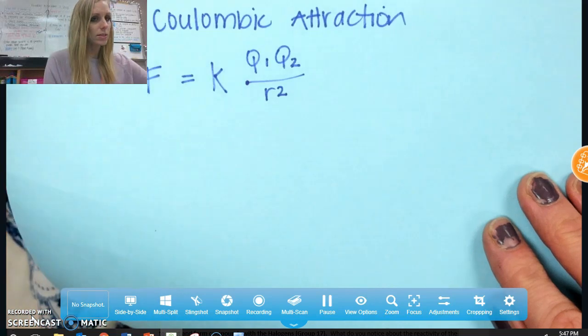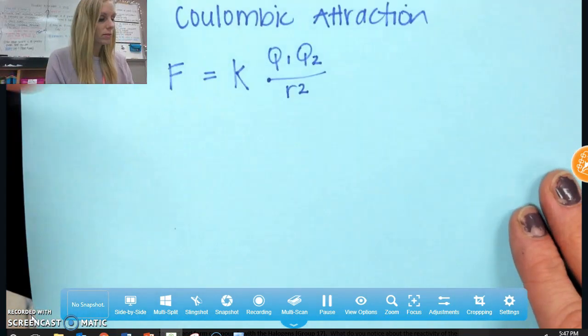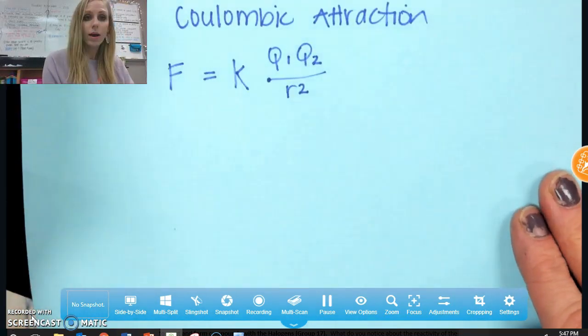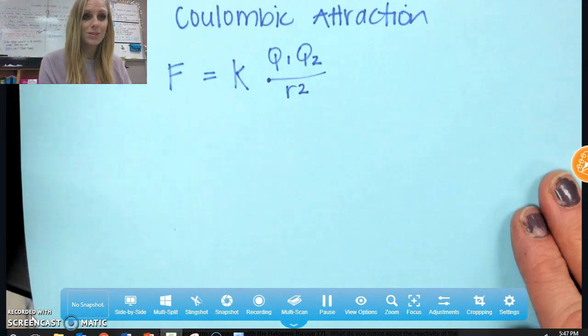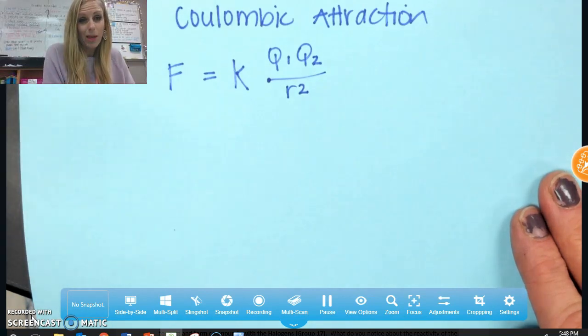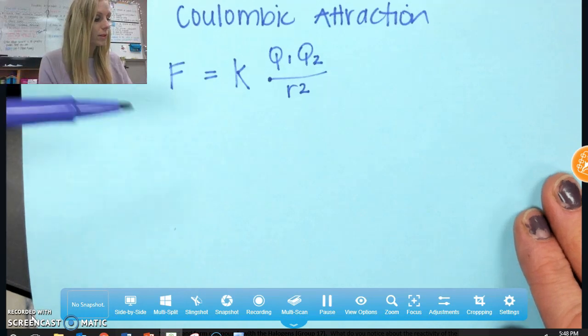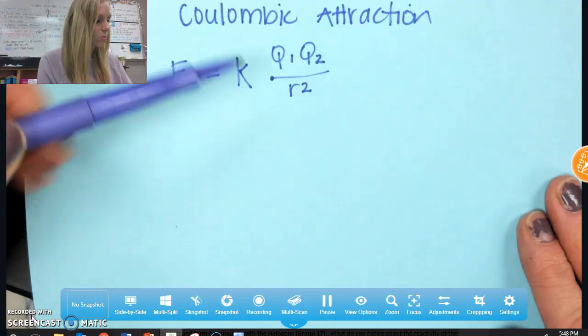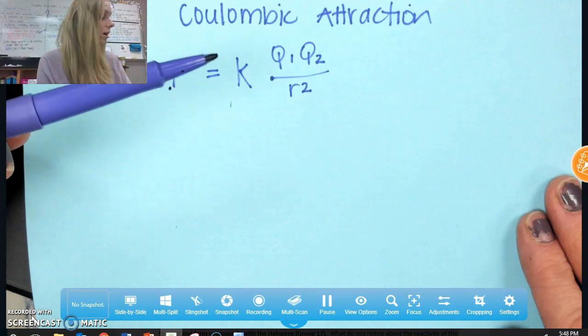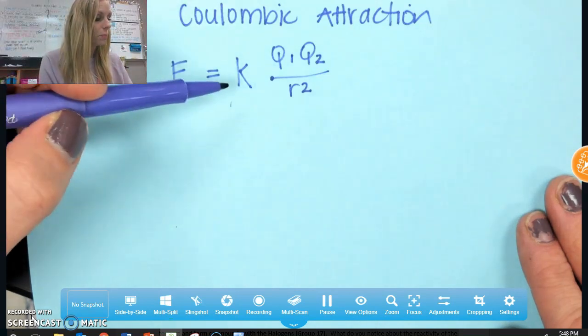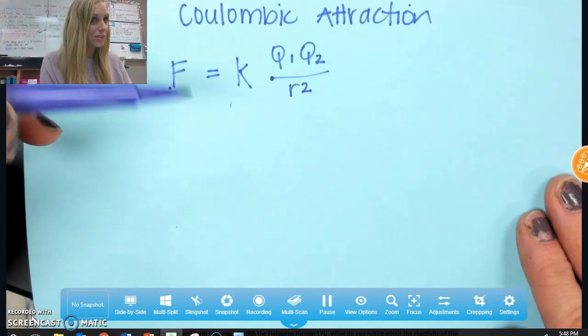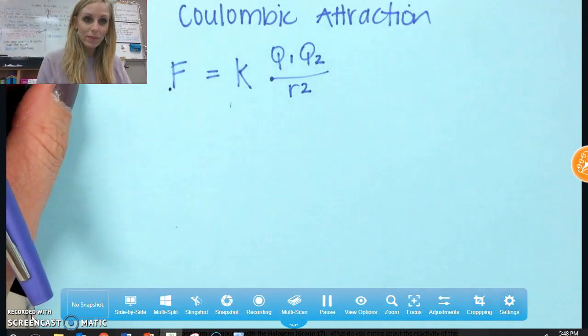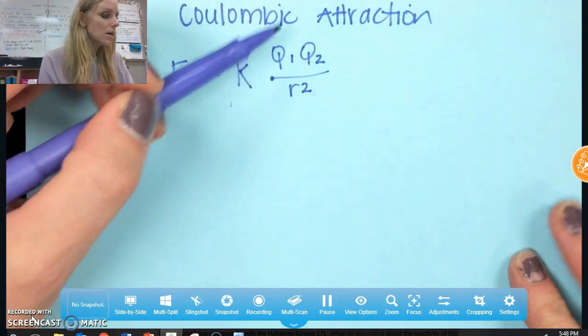Okay, so there's this big formula that you will not have to use. You are not plugging numbers into this formula this year. AP Chem maybe. But the formula is force equals this proportionality constant K. I don't even fully understand where you get this constant, but it's there.